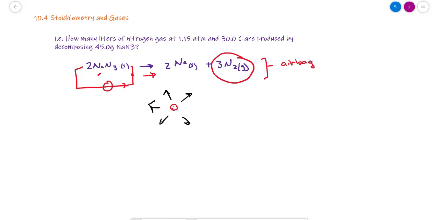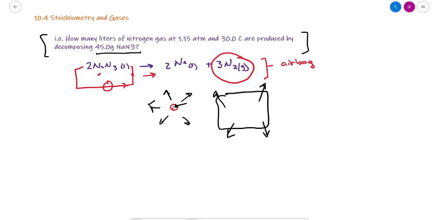And so this is a really important reaction industrially, and people use the ideal gas law all the time to figure out, well, I've got my new vehicle, what mass of the azide compound do I need to incorporate here for the volume of the bag once it's inflated, so it doesn't rupture and explode in somebody's face, but also so it doesn't underinflate and not serve its purpose. So let me show you a quick video of this.